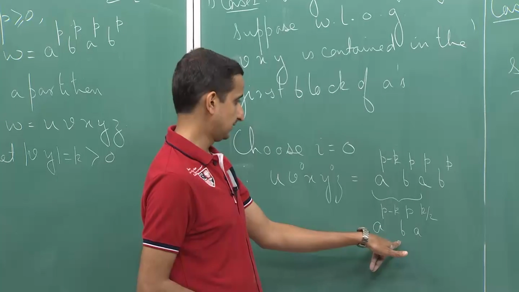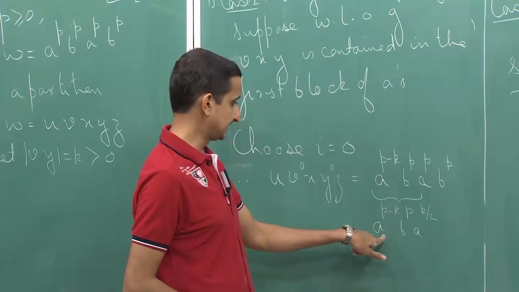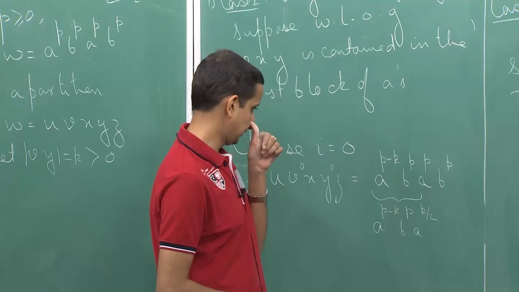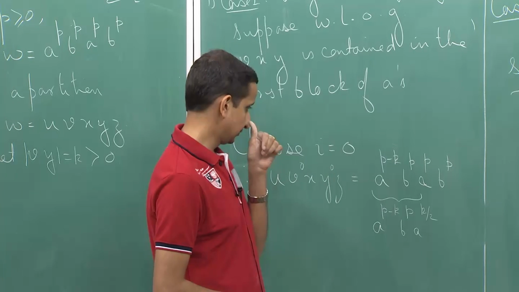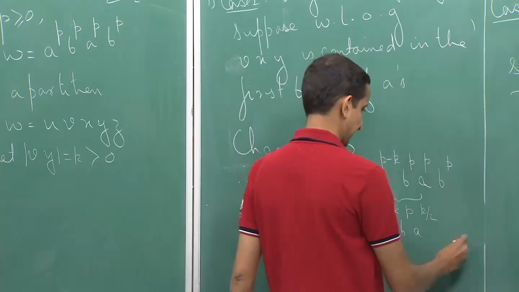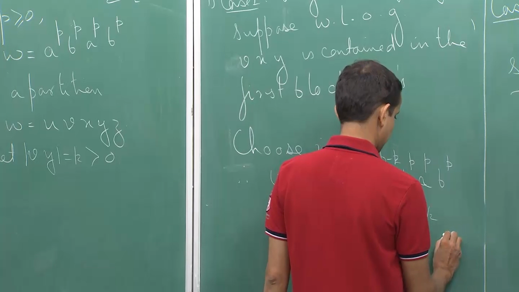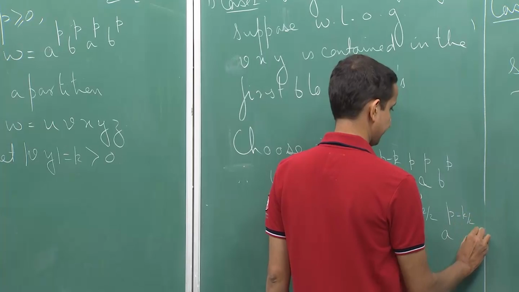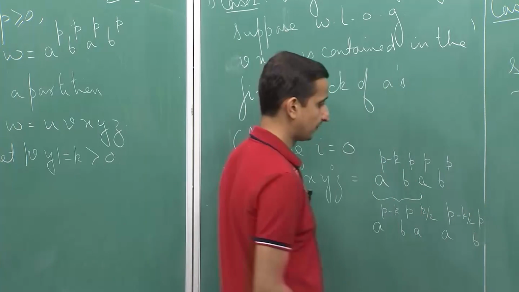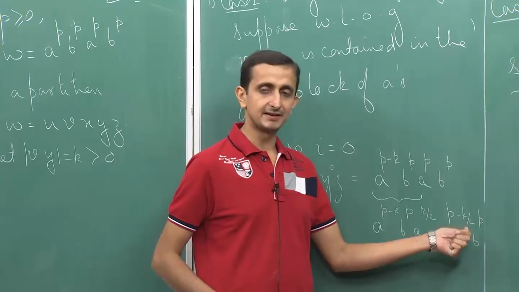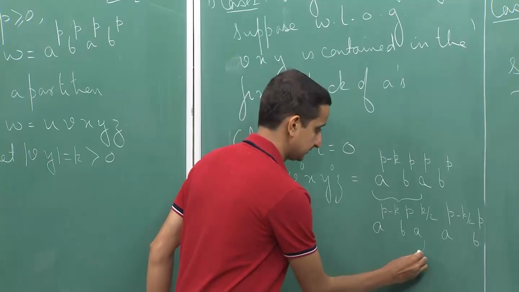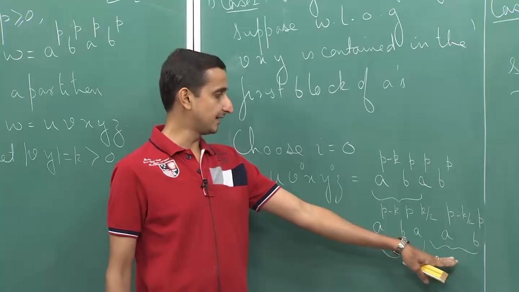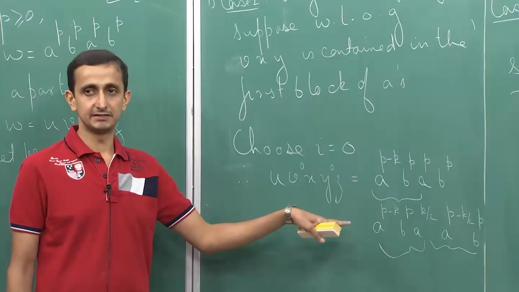So, this total thing has length 2p minus k by 2, and the second part will have a to the power p minus k by 2, b to the power p. Again, this has 2p minus k by 2. Okay. So, this is the first half, this is the second half. Clearly, they are not equal because k is greater than 0.